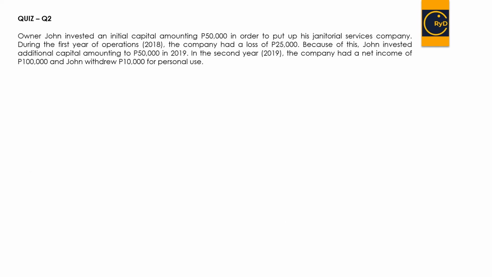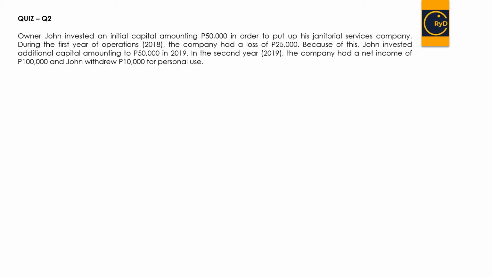Then for our question number 2, owner John invested an initial capital amounting to 50,000 in order to put up his janitorial services company. During the first year of operations, that's year 2018, the company had a loss of 25,000. Because of this, John invested additional capital amounting to 50,000 in 2019.